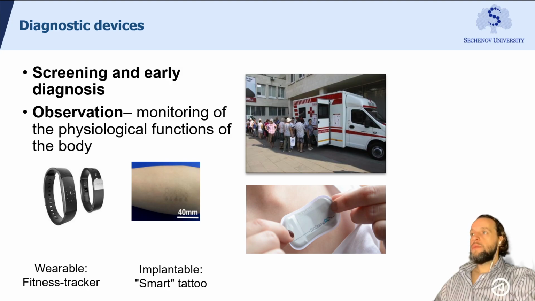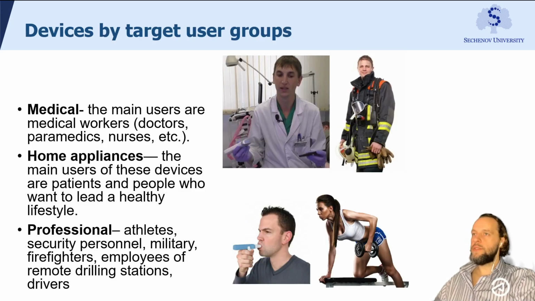The most common ways of these devices being used in diagnostics is providing observation for the general public in a mobile clinic or mobile laboratory, and another way is some kind of wearable device, fitness tracker, smart tattoo, and others to measure some indicators.